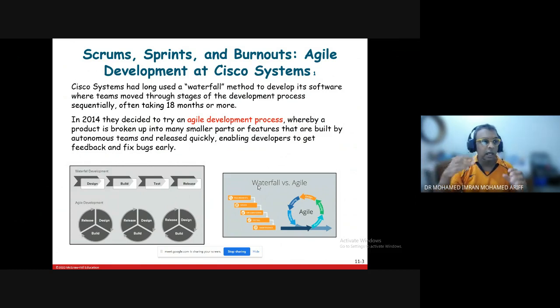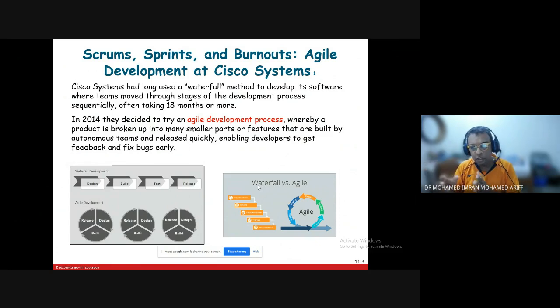In a waterfall model, each phase needs to go through until the end. That means if you're doing the design, you have to design the product until the end. Then you build it, you test it, you release it. You cannot do the processes concurrently.